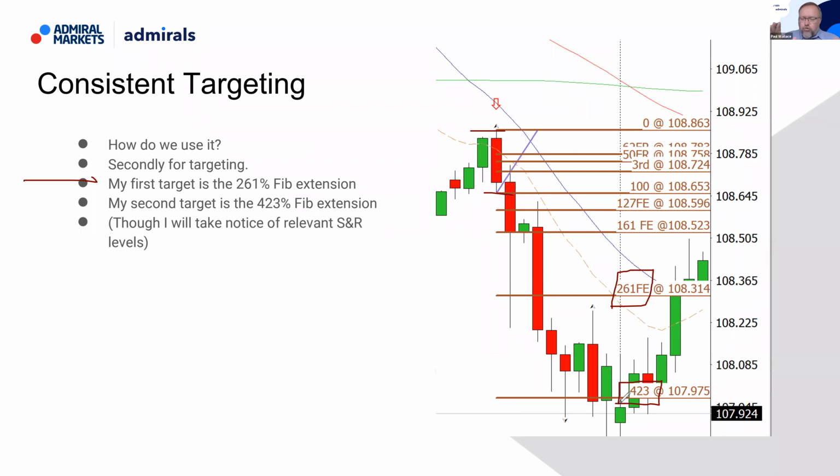The old trading adage of "don't be a dick for a tick" still applies. You don't escape that in any way, shape, or form. But as a general rule, I'm using primarily the 261 fib extension for a shorter time frame, and the 423 fib extension for swing trades. That's how I generally tend to work.